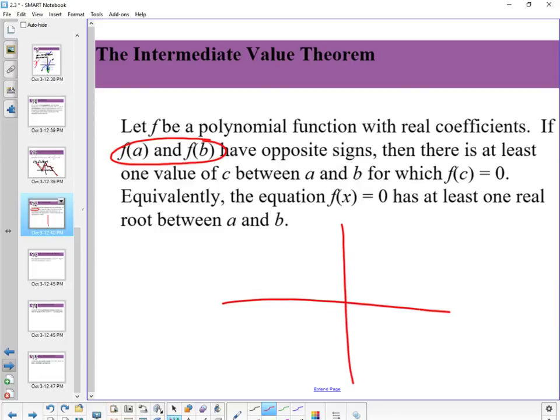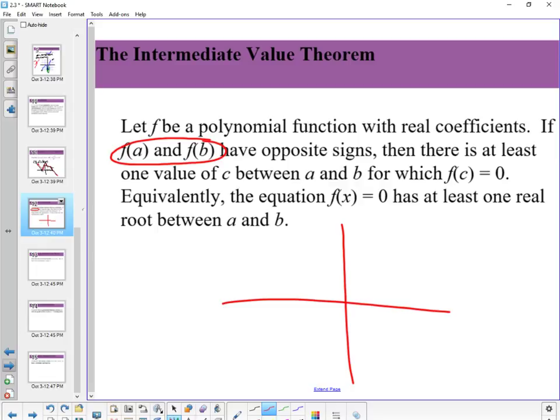If I've got two outputs and they have opposite signs, what they're telling me is that there must be a solution between those two. Does that make sense? If I have two outputs that have opposite signs, then there must be a solution between those two.